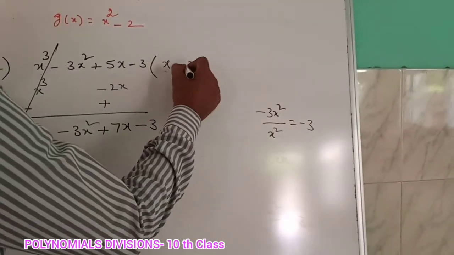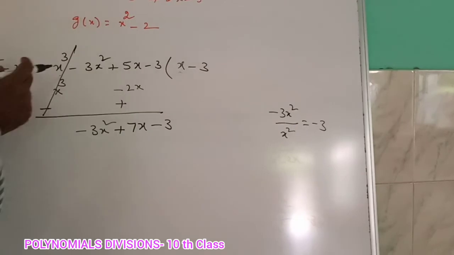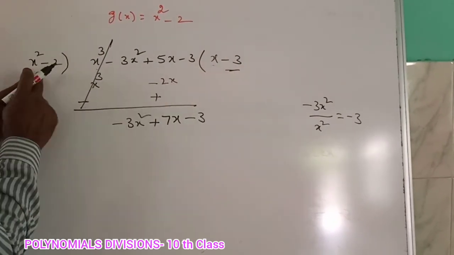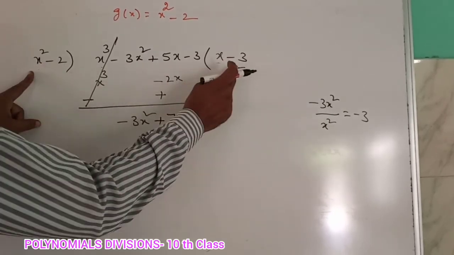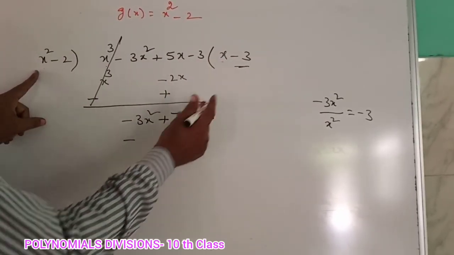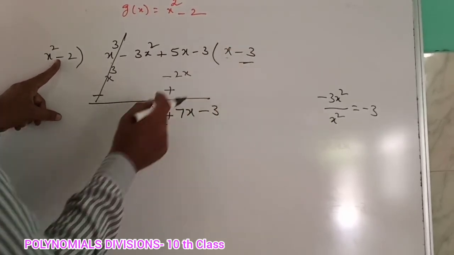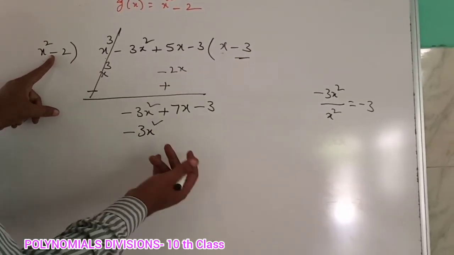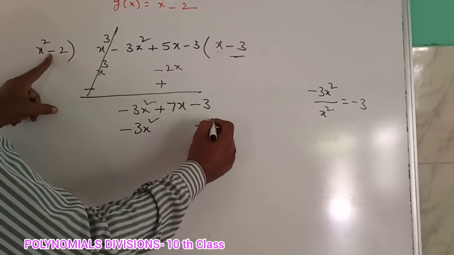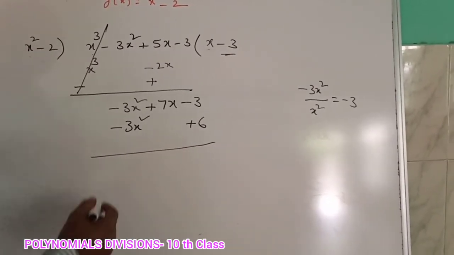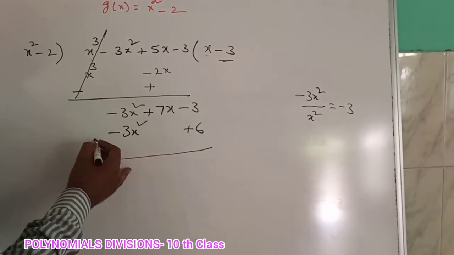So minus 3 is multiplied by the whole divisor. Minus 3 into x square is minus 3x square, and minus 3 into minus 2 is plus 6, the constant. Here is subtraction, so the signs of the second polynomial are changed.